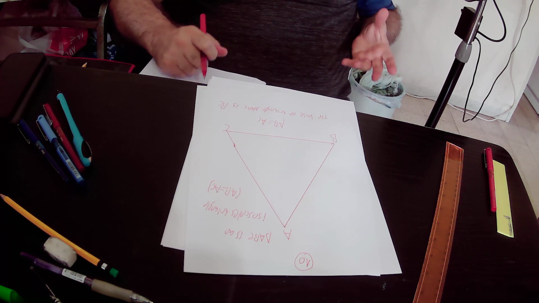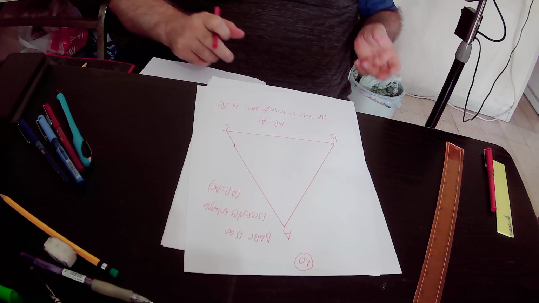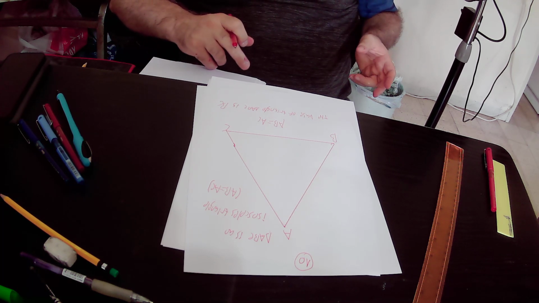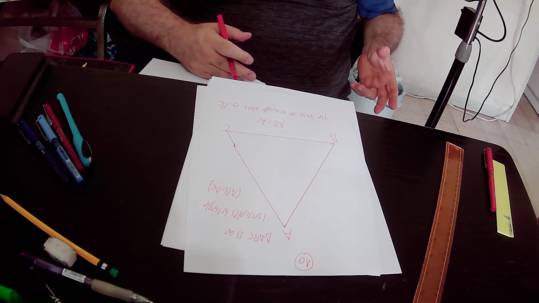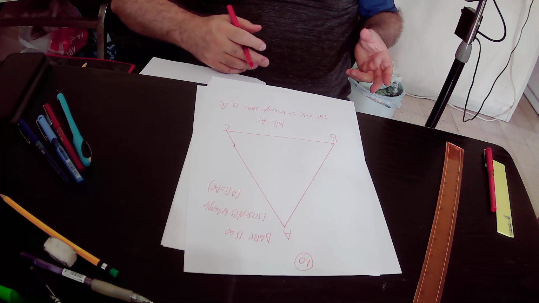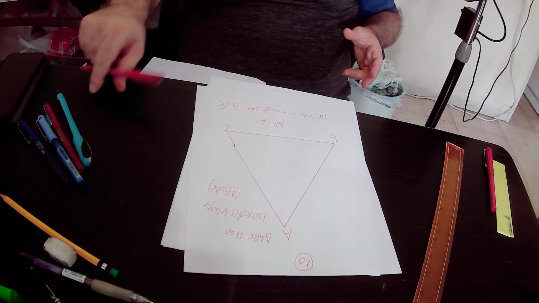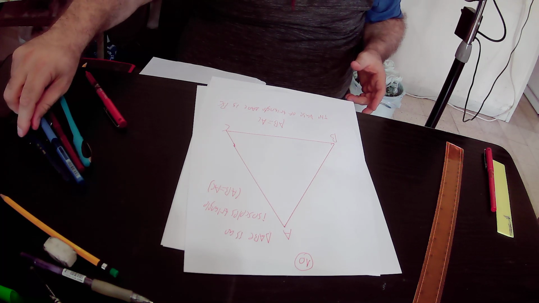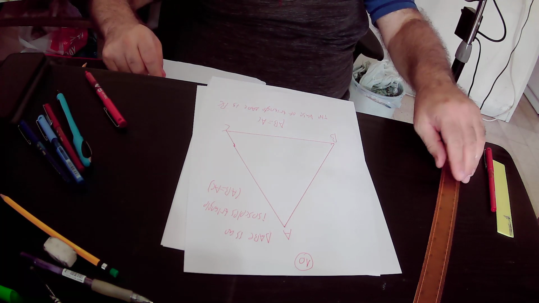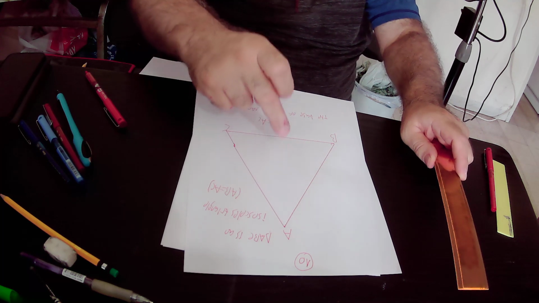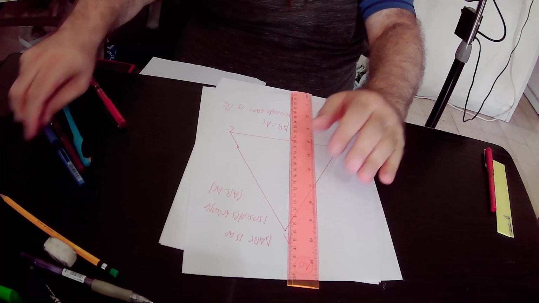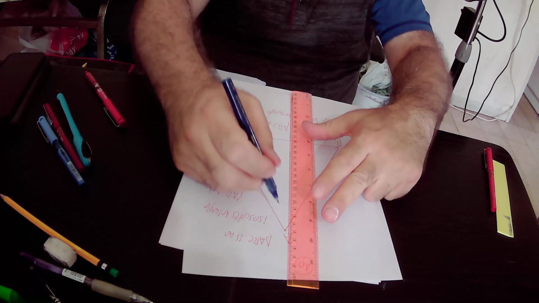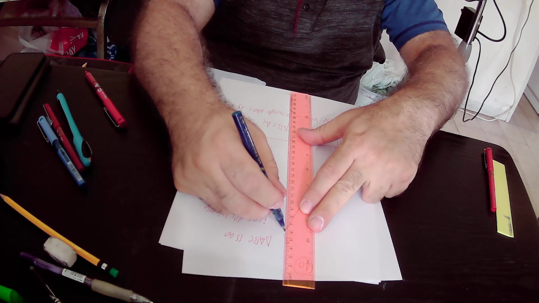So if we draw a height to the base, what is the height to the base? The height to the base is actually perpendicular to the base. Okay? If you draw a height to the base, it means that you draw from point A a perpendicular to the base BC.